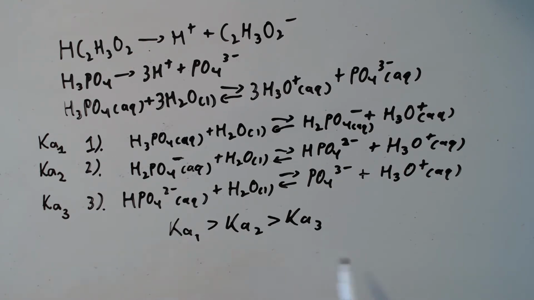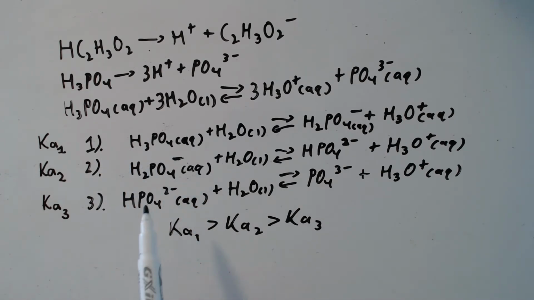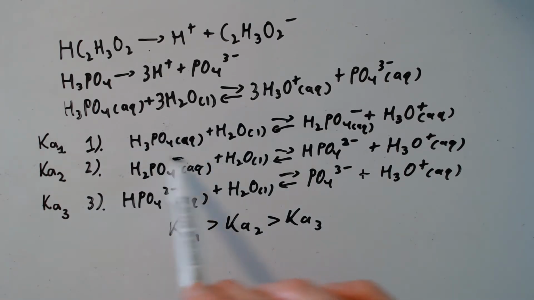And these are very large differences on many orders of magnitude, usually for these types of polyprotic acids. So now that you know how the strength of these reactions differ, you can see how, let's say the H3PO4 on its own is a weak acid.